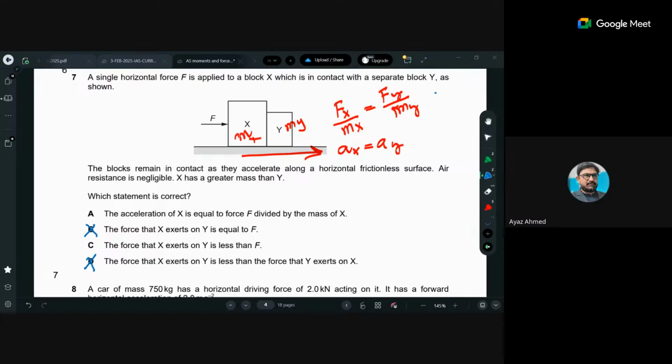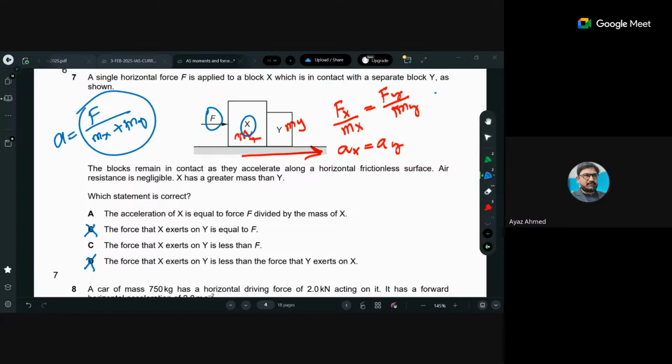So there are two options from which you have to select. The acceleration of x is equal to the force F divided by mass of x. Actually the acceleration is equal to F divided by m of x plus m of y. That will be the right equation.